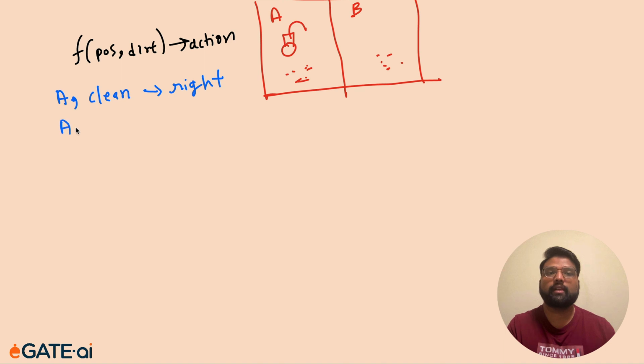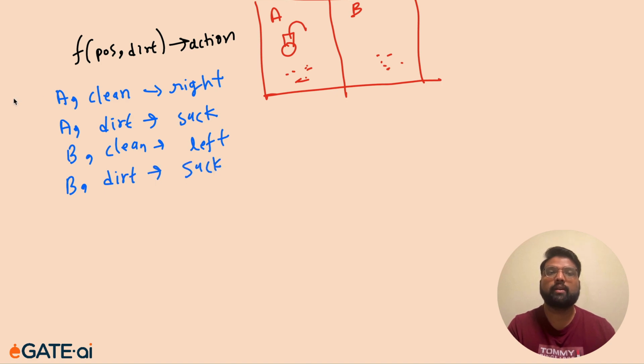If the position is A and there is dirt, the action would be to suck the dirt. If the position is B and it's clean, it will move to the left block. Similarly, if there is dirt in block B, it will suck.